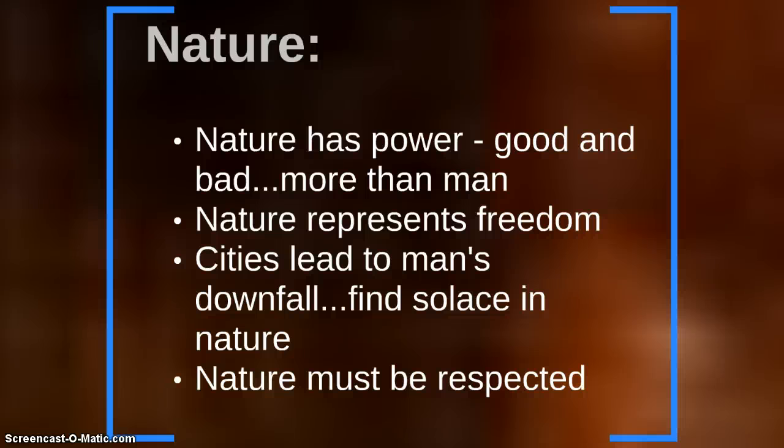Nature has good and bad, and as such, nature must be respected. We can find freedom in nature, we can find quiet and confidence in nature, but we can also find a significant danger in nature, and so we must not mistreat nature, abuse nature. So as we read our stories, we'll see the role of nature pretty significantly in how it is viewed.